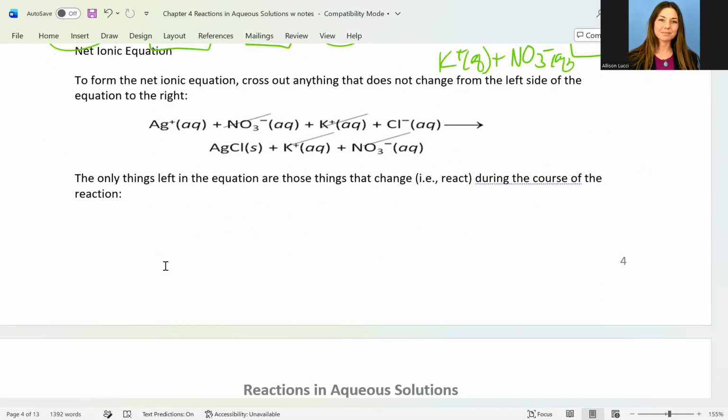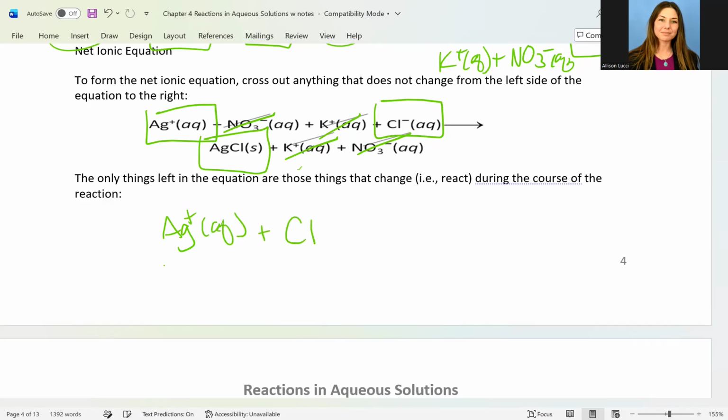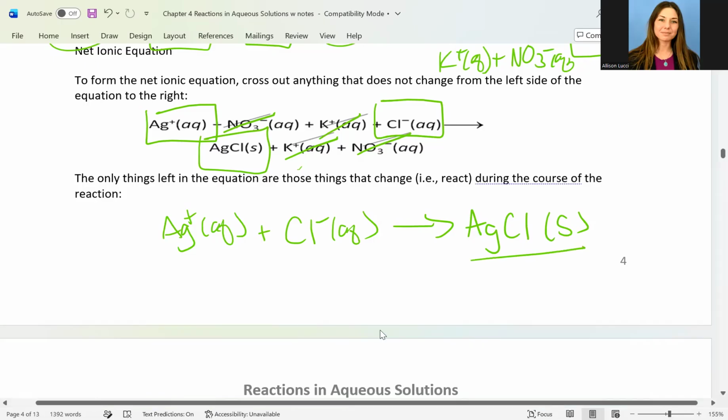What we can see happens here is that we could cancel out everything that remains in solution on both the product and the reactant side, and then we could just write out what's called our net ionic equation, which would show my silver ions aqueous and my chloride ions aqueous on this side of the reaction, and we form our silver chloride precipitate on the product side. We'll continue with more examples of this in the next video.